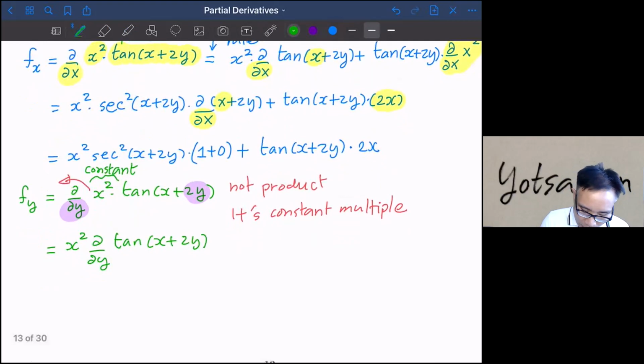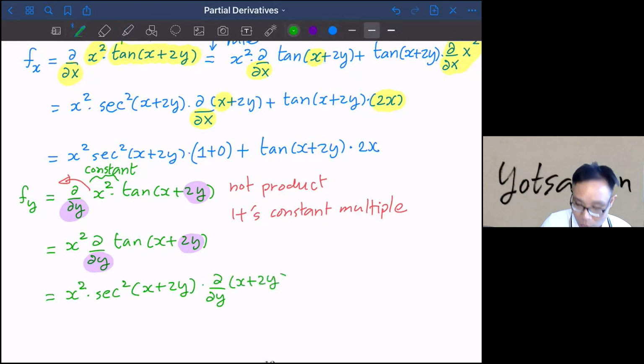Okay, and you have the derivative. So x squared is x squared, copy down. Derivative of tan is secant squared (x + 2y), and you have d/dy of (x + 2y).